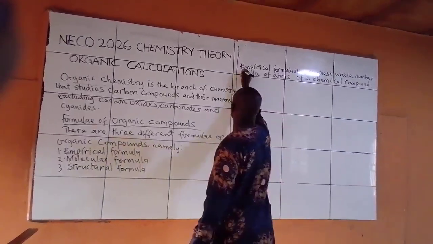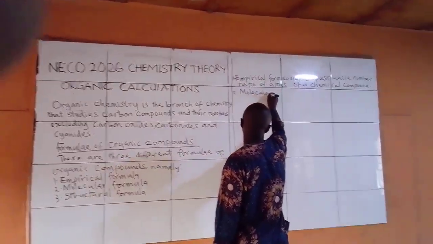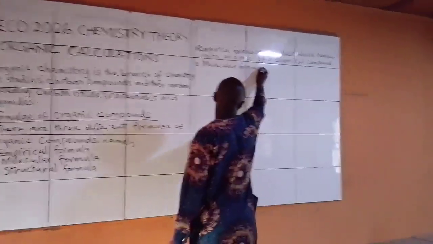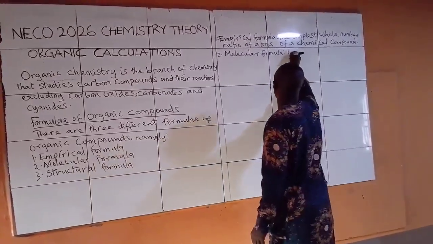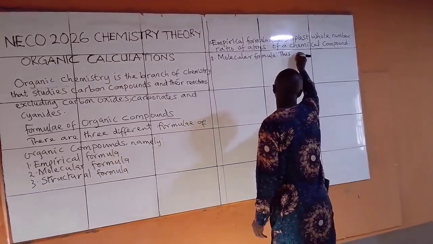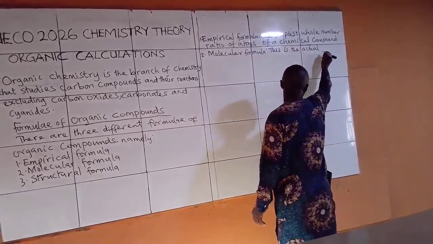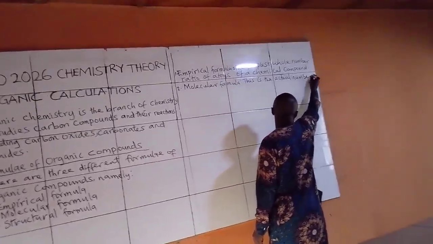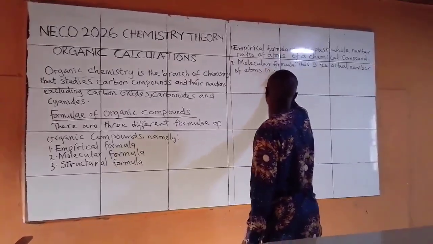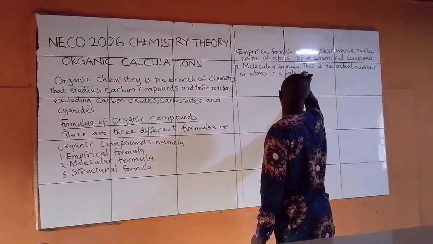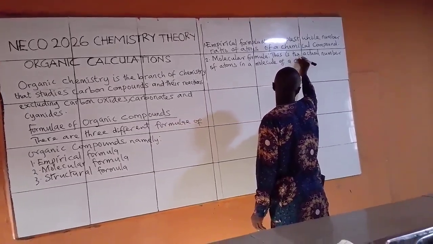Now we move to molecular formula. Molecular formula is the actual number of atoms in a molecule of a chemical compound.